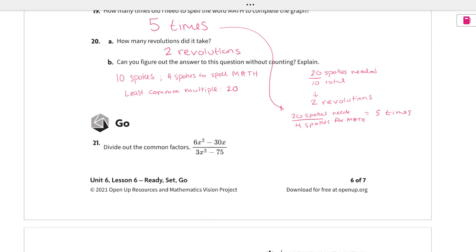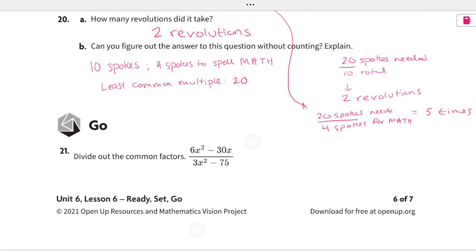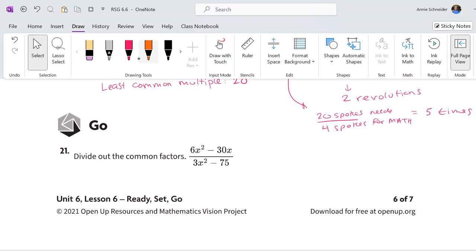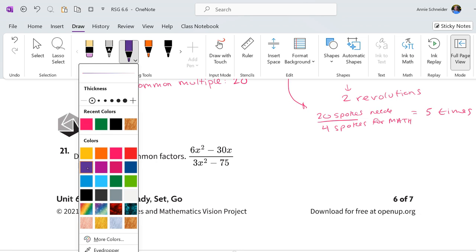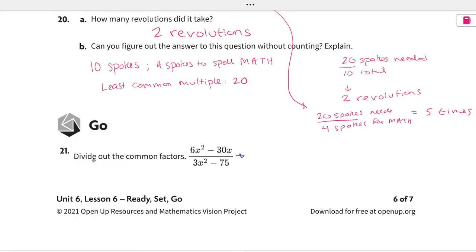Okay. Question 21 says divide out the common factors. So to do that, we actually do have to factor it. So let's look for greatest common factors first. And it's always a good plan. So 6x squared and 30x squared has a greatest common factor of 6x, which leaves us with x minus 5.